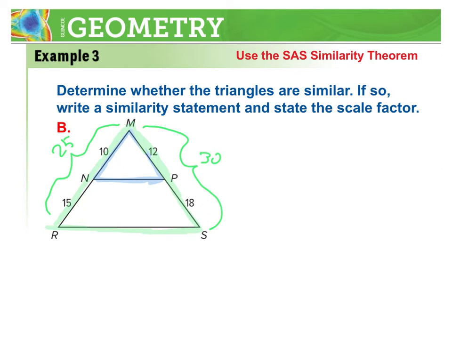In order to compare these two triangles with side-angle-side similarity, we need to make sure that the angles that are congruent are the included angles for both of these triangles.